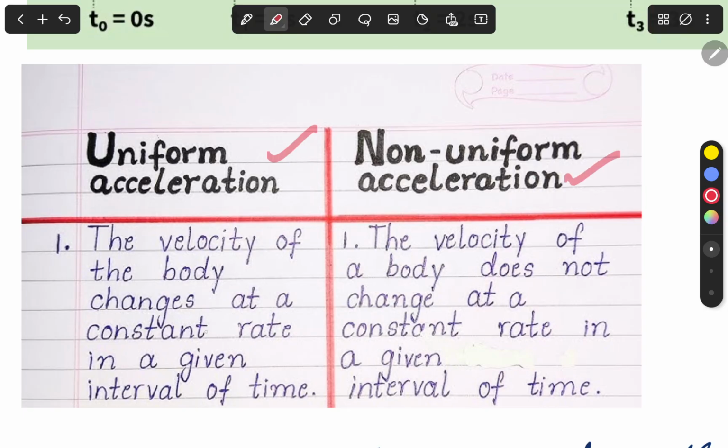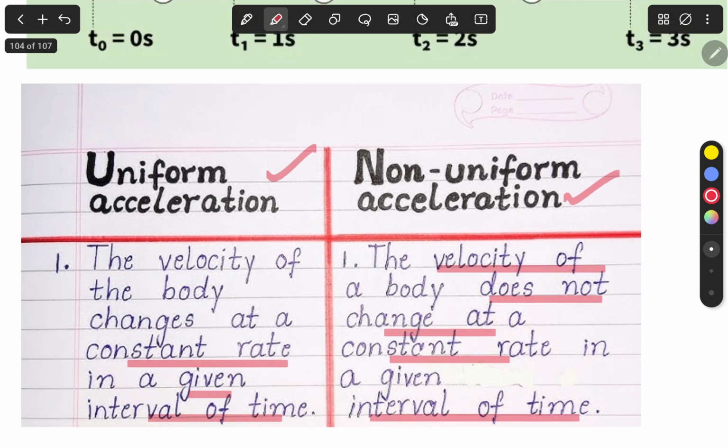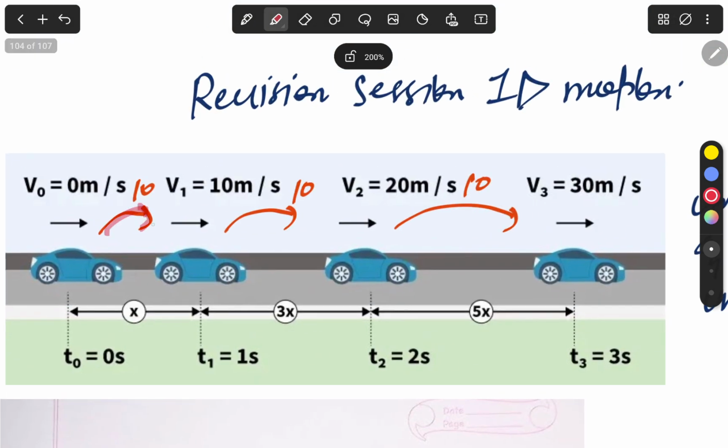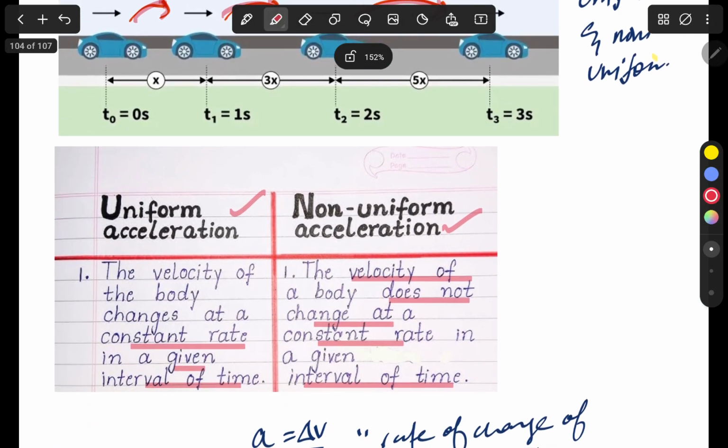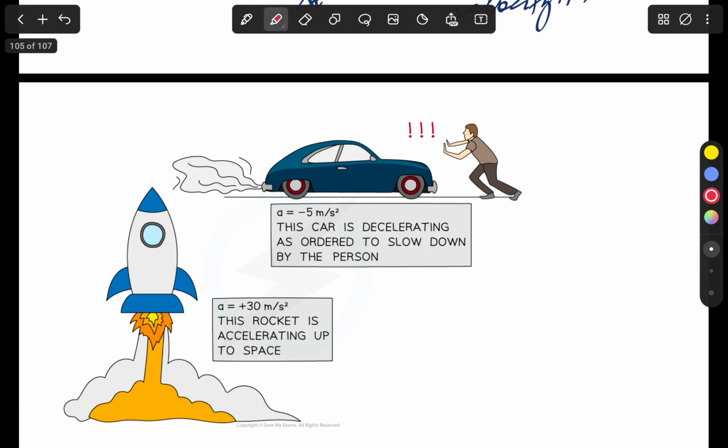In uniform, the velocity of a body changes at a constant rate in a given time interval, at 10 per second, whereas in non-uniform, the velocity does not change at a constant rate.